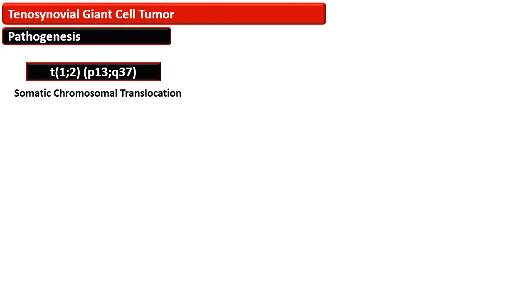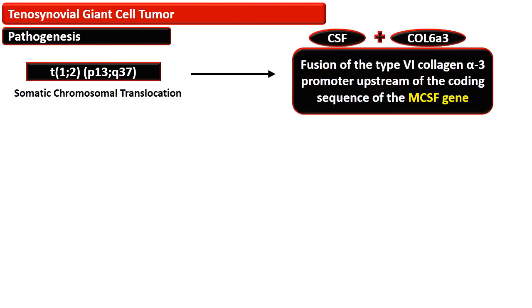Previously this tenosynovial giant cell tumor was considered a reactive lesion, but after the observation of some chromosomal changes in this lesion, it is now considered a tumor. It is associated with somatic chromosomal translocations involving chromosomes 1 and 2.